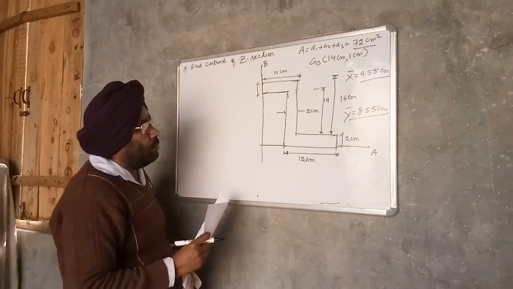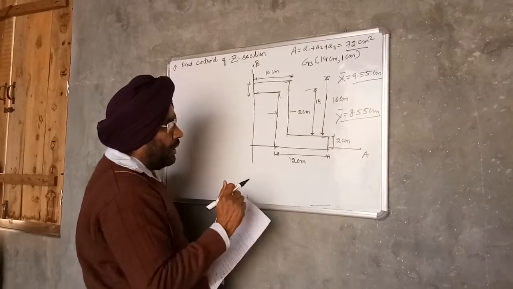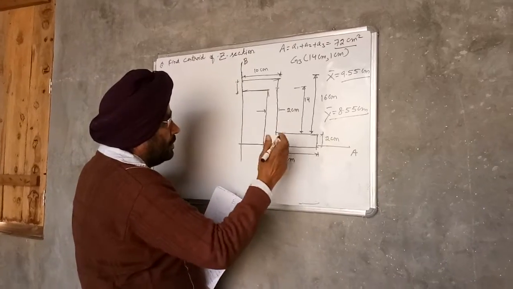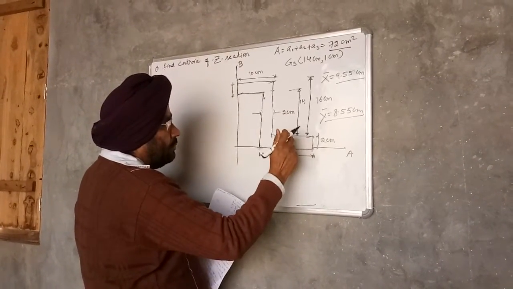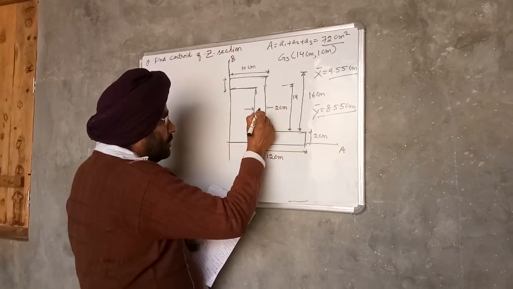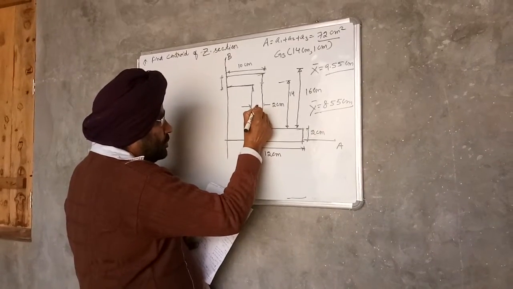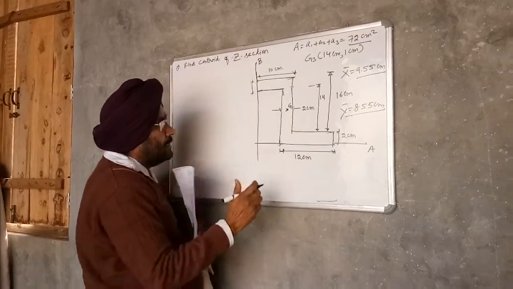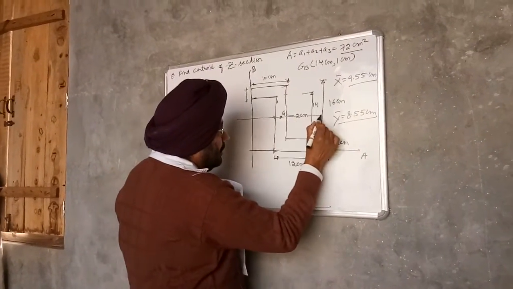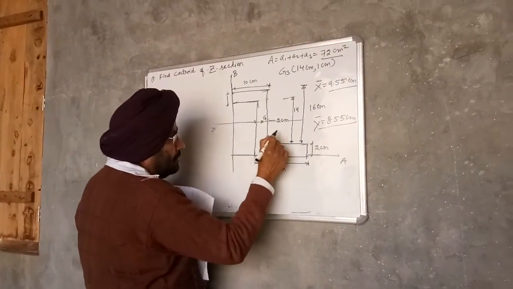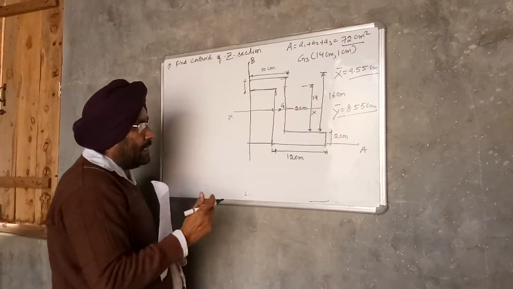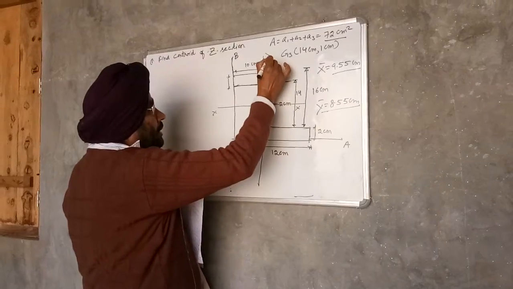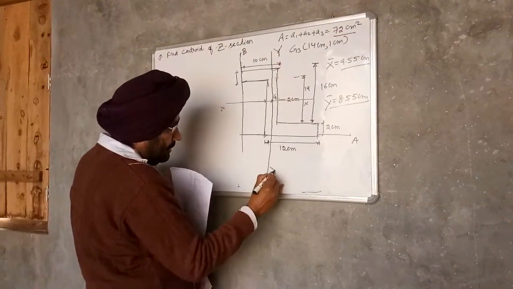So x bar 9.55 centimeter, y bar 8.55 centimeter. So this is near about 8.5. So this is the position of CG. This is the position of the center of gravity of the Z section. So this is the centroidal x-axis, and this is the centroidal y-axis.